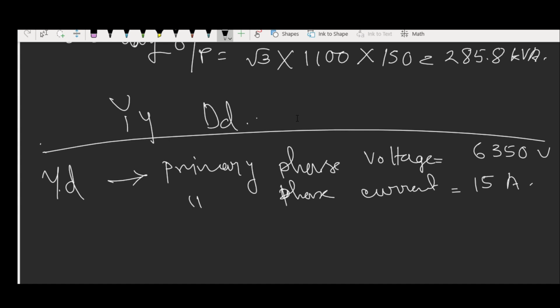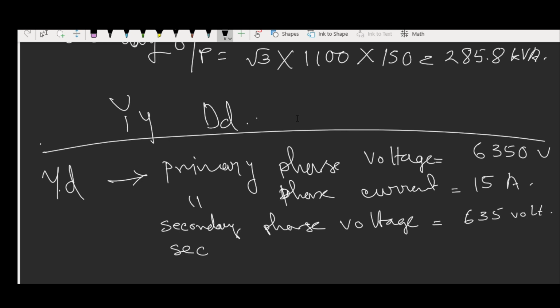So what about secondary phase voltage? Secondary phase voltage would be 635. What about secondary phase current? 150 ampere.